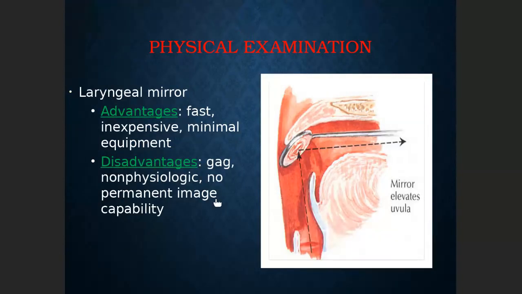For the laryngeal mirror, the advantages are that it is fast, passing through the mouth and looking down, inexpensive, with minimal equipment. Disadvantages: you may initiate the gag reflex, it is non-physiological because you are holding the patient's tongue by your hand and looking by the mirror, and there is no permanent image capability.